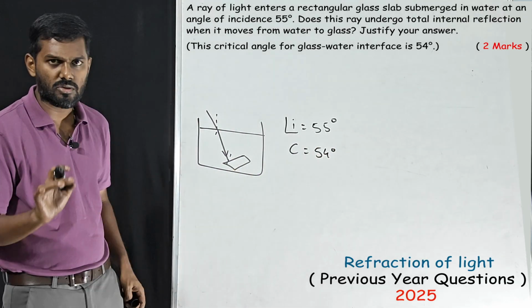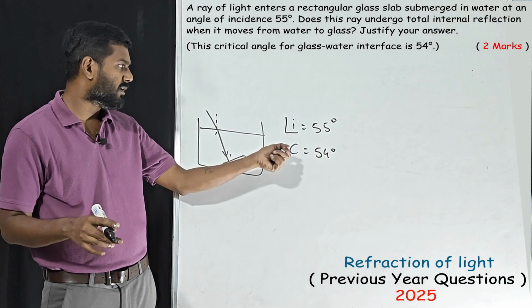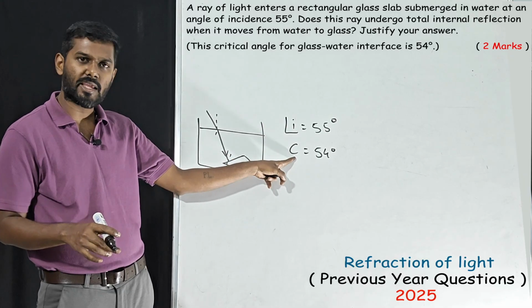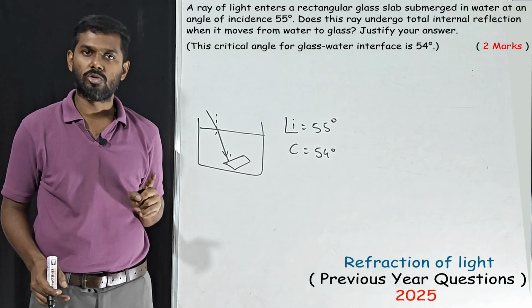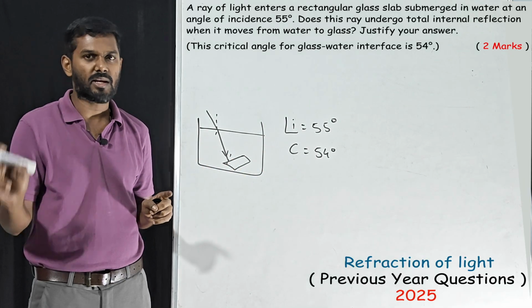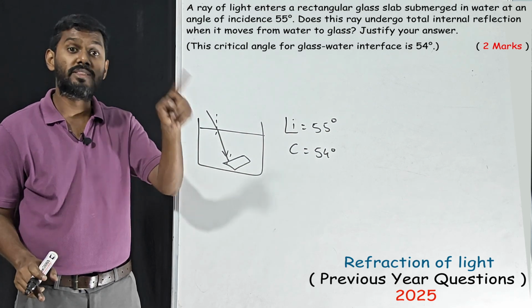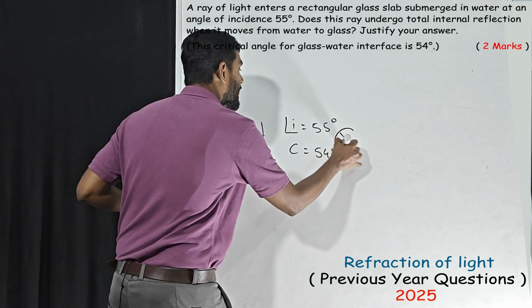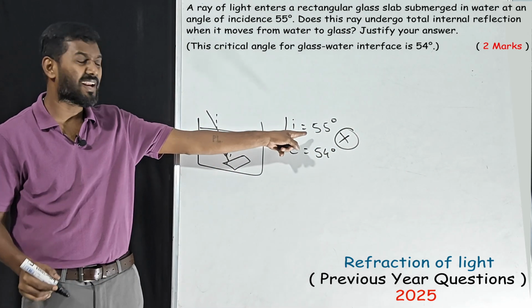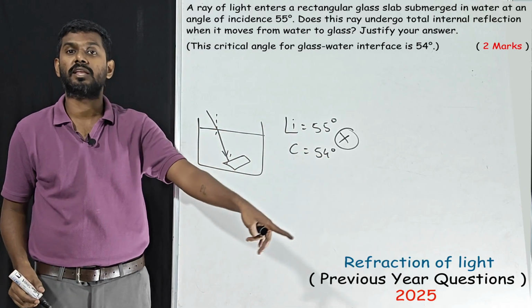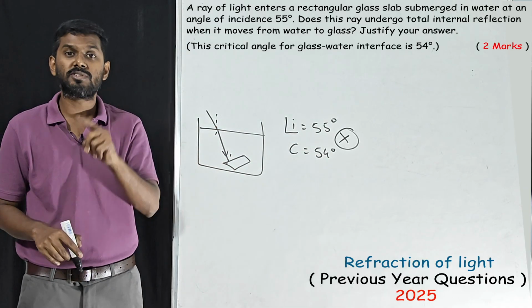Now according to the textbook, if the angle of incidence is greater than the critical angle, then definitely it should undergo total internal reflection, correct? No, this is the secondary criteria. This is correct, but this is the secondary criteria. What is the first criteria? What is the first condition?